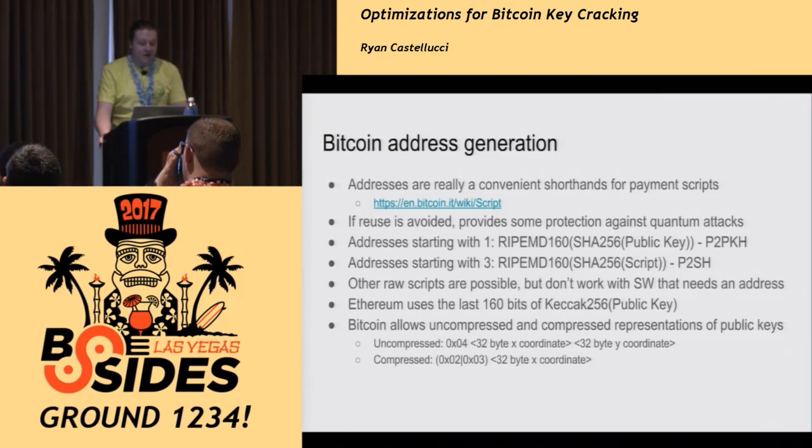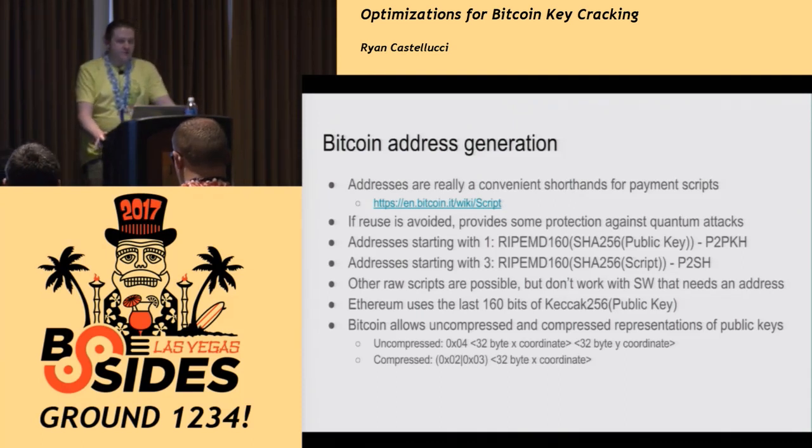Don't worry too much about that. Ethereum uses the least significant bits of the output of Keccak, which is the hash algorithm that became SHA-3 with slightly different initialization parameters, because Ethereum was released just as that was being standardized.